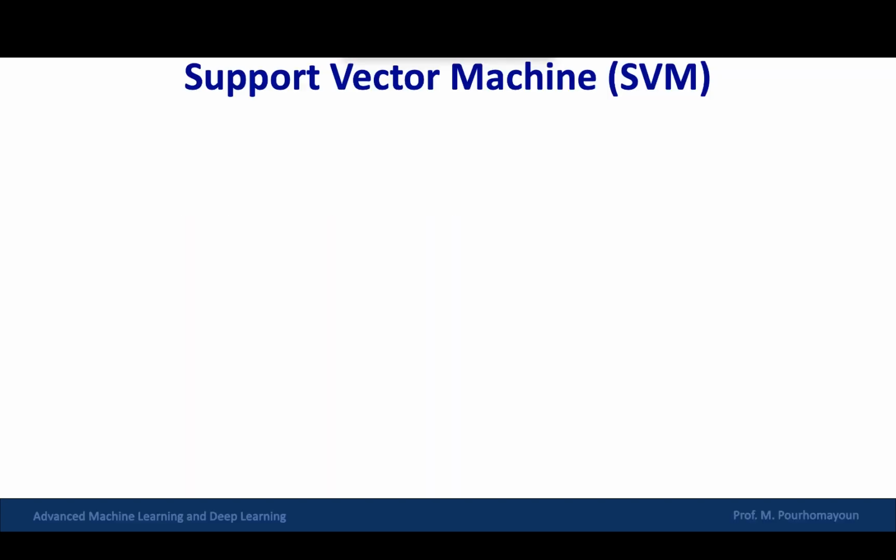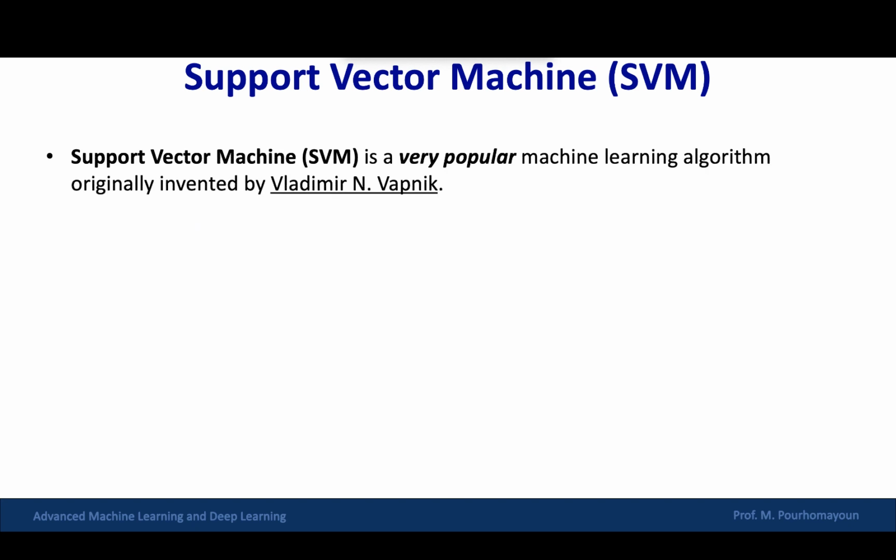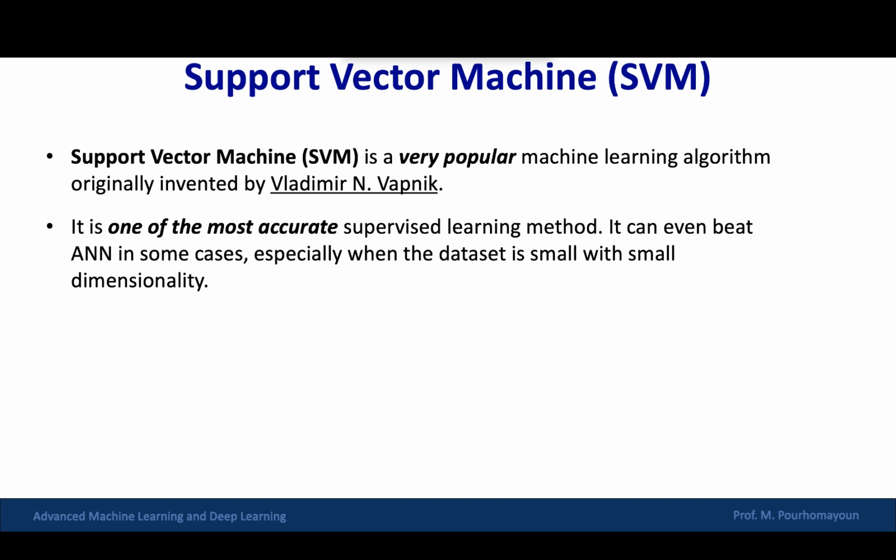Support vector machine is a very popular machine learning algorithm originally invented by Vladimir Vapnik. It is one of the most accurate supervised learning methods.